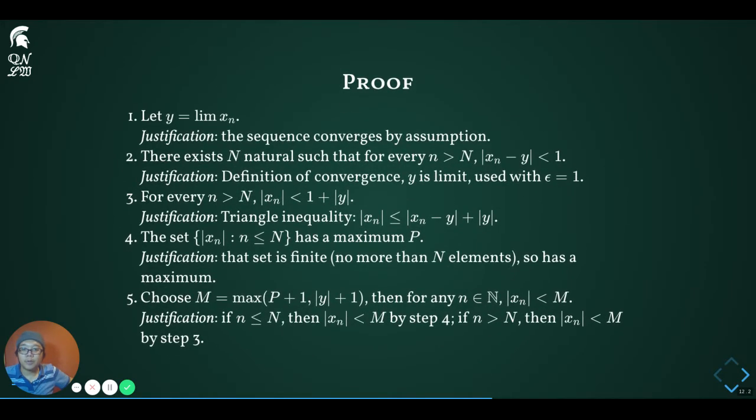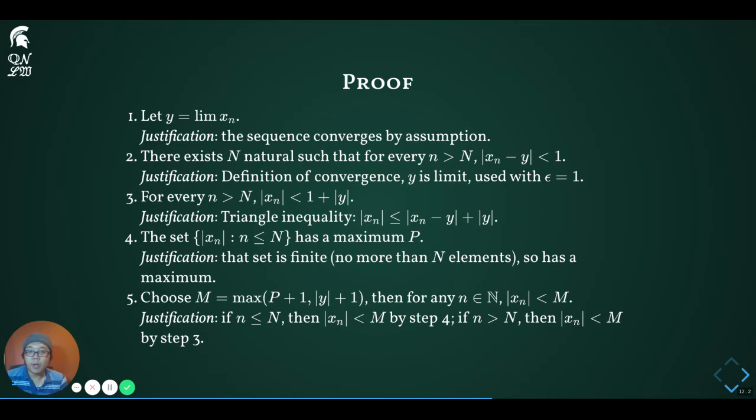We can prove this theorem. First, we set y to be the limit. We can do this because the hypothesis of the theorem asks the sequence x to be convergent. By the definition of convergence, we can find a natural number capital N such that for every index small n bigger than N, the distance between x sub n and y is no more than 1.